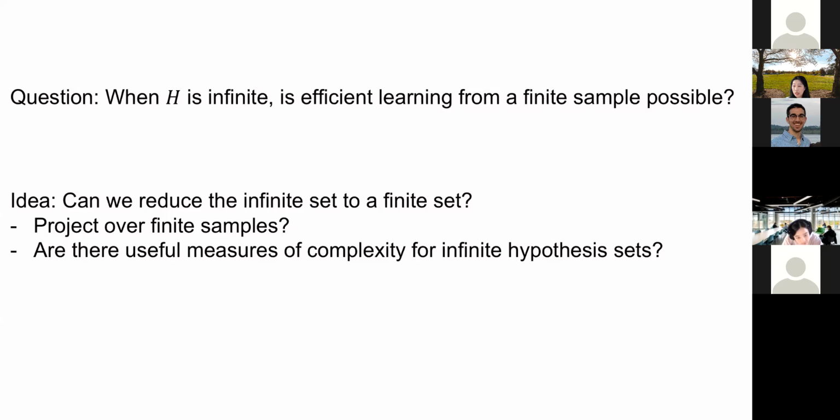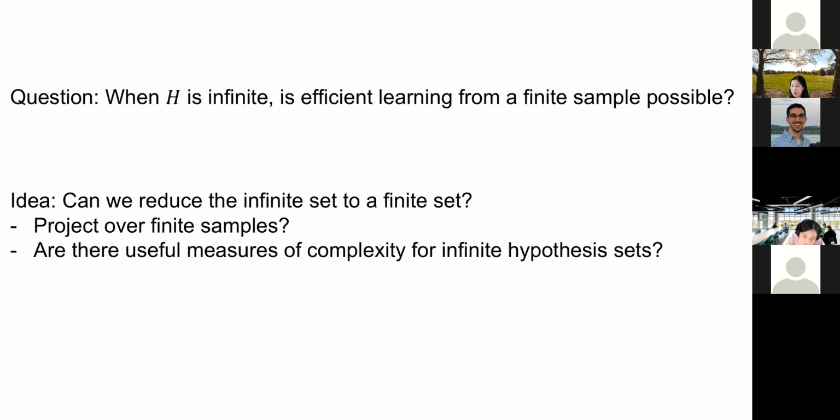Actually, there are a few ideas. One idea would be, can we reduce the infinite set to a finite set? Or can we use the projection over the finite samples to characterize the complexity of the hypothesis set? Or maybe there are useful measures of complexity for infinite hypothesis sets.